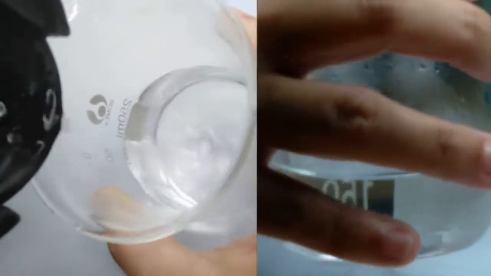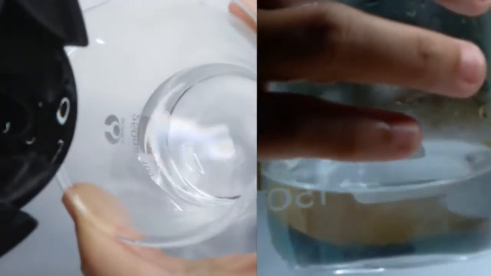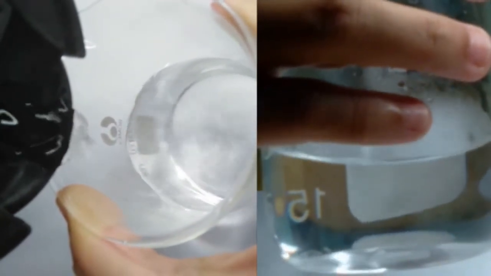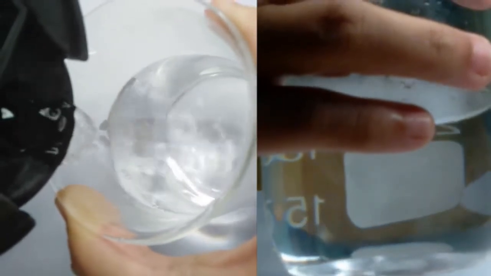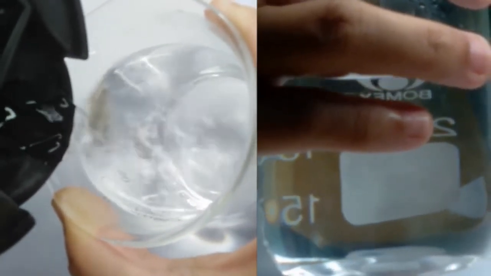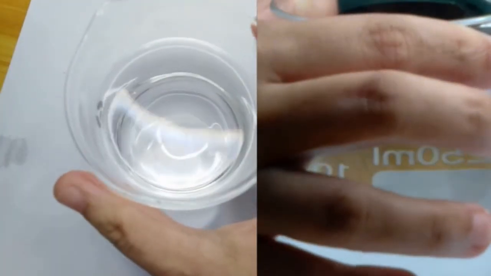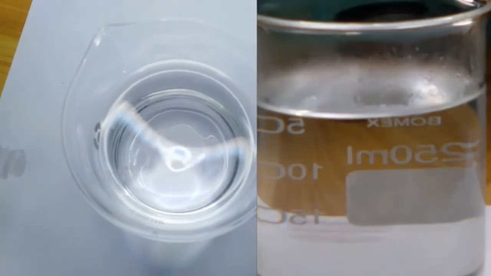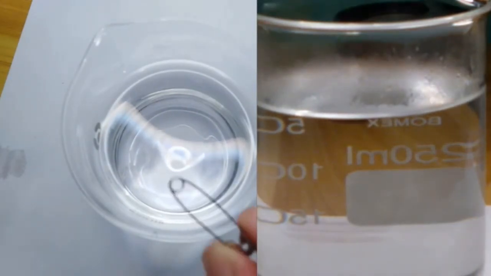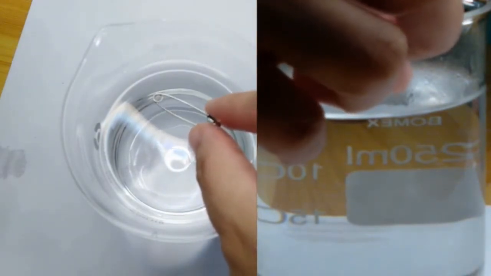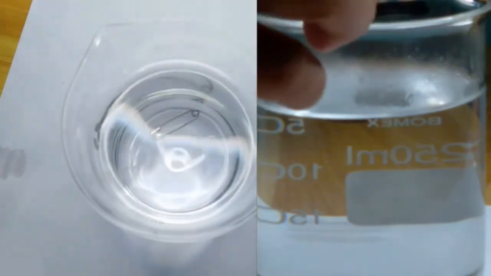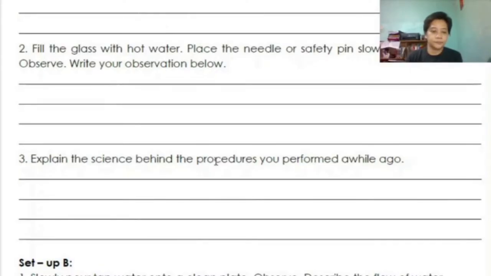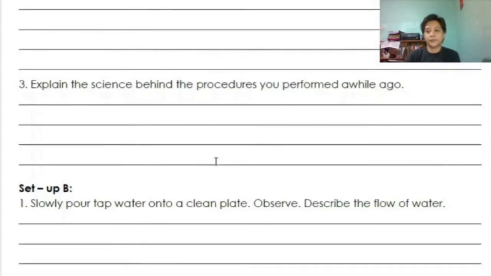Then number 2, setting aside the tap water, you get a glass of hot water. Place the needle or safety pin slowly. Do not drop it just as you put the needle or safety pin like in number 1. Then observe, write your observation. And of course, in this experiment, there is a science behind these. So what is that science behind these procedures?